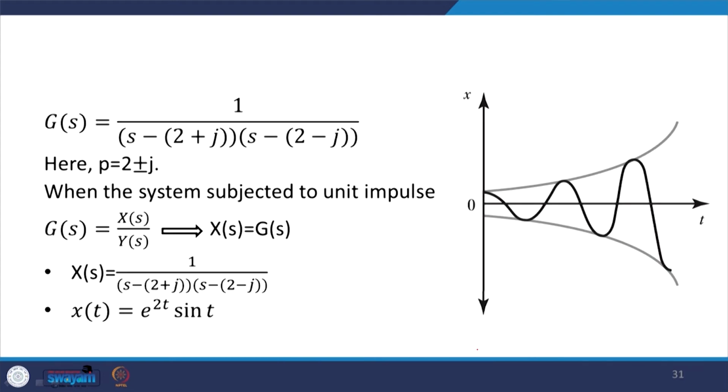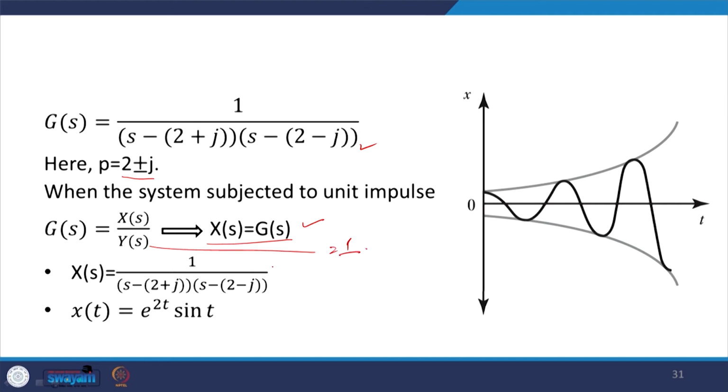And if you have a root like this, say this one, then your poles are basically 2 plus minus j. When this system is subjected to a unit impulse, again you are going to get X(s) is G(s), because for a unit impulse Y(s) is going to be equal to 1.